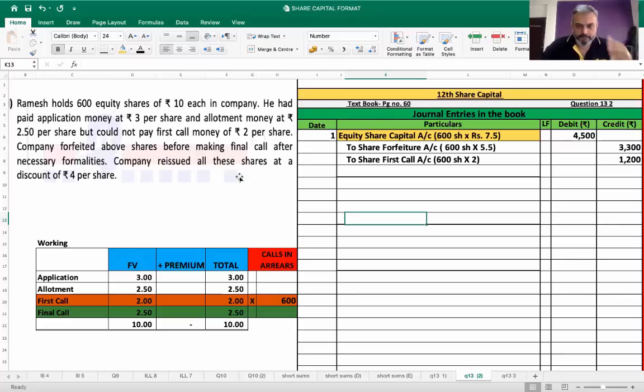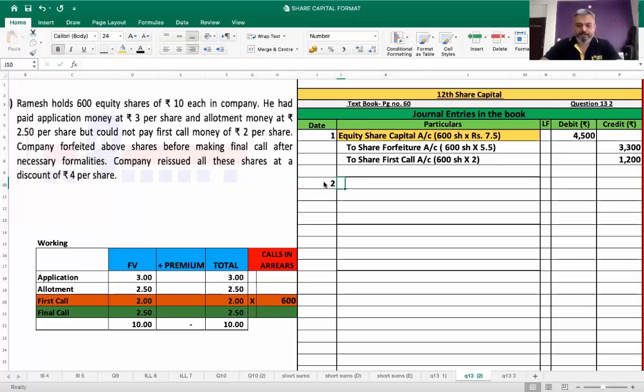So here we are assuming that the company over here has reissued all these shares before making the final call. But since company is reissuing these shares, they are considered to be reissued as fully paid up for the person who is buying the share.